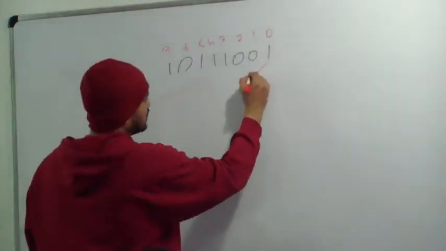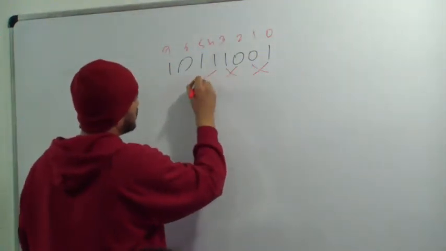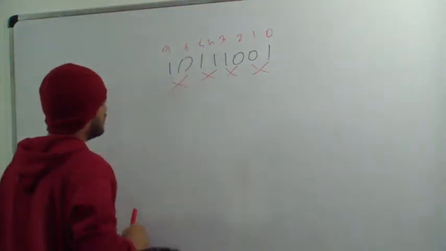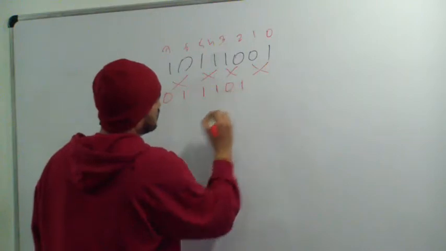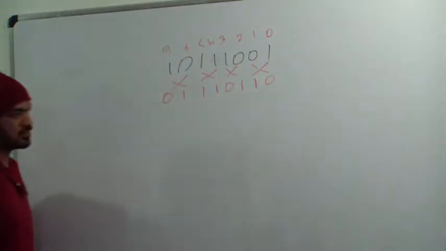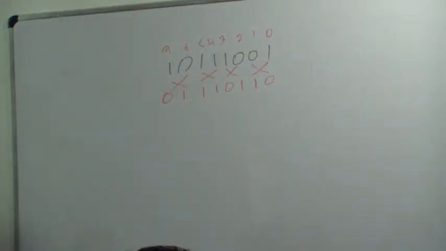You are swapping these, swapping these, swapping these, and swapping these. It looks something like this. Correct? How will you do this?